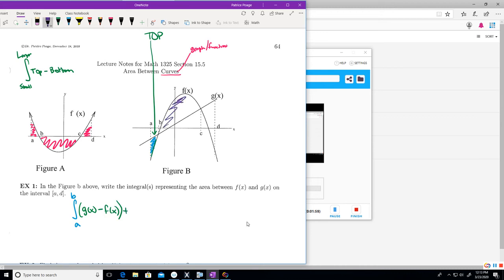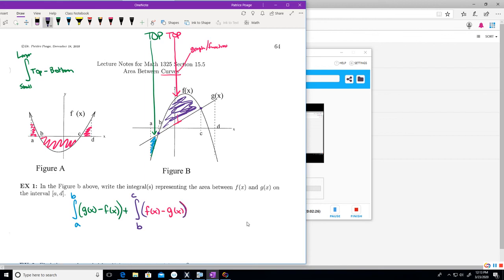Then I have this area going from B to C, and I want to do top minus bottom. Again, here's the top of my page. I come down straight between B and C. The first equation I run into is f of x, minus, and if I kept going down, I'd run into the bottom equation.